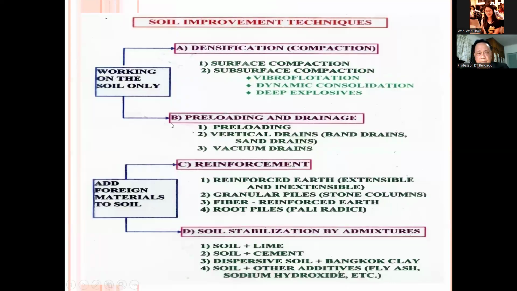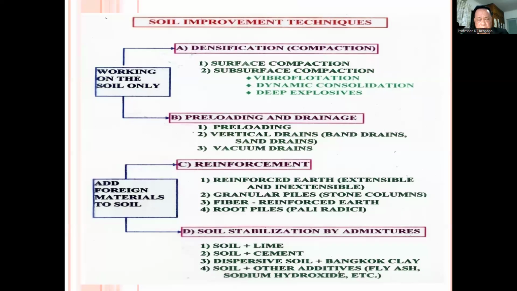These are the elements of the ground improvement techniques. The first is working on the soil. In ground improvement, you have to reduce the volume, reduce the voids, so that we increase the strength and reduce compressibility.